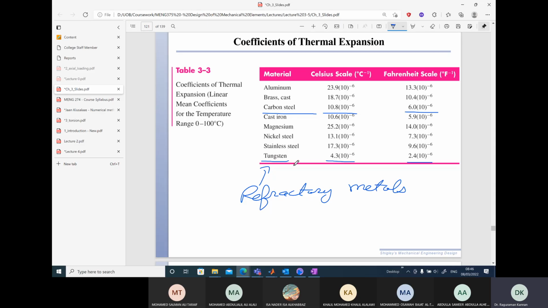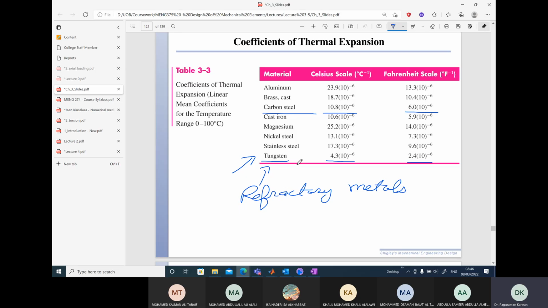Okay. And even in modern research, it is used, for example, in experimental fusion reactors, where they try to use tungsten as the material. Okay. So, are you aware of what a fission reactor and a fusion reactor are?